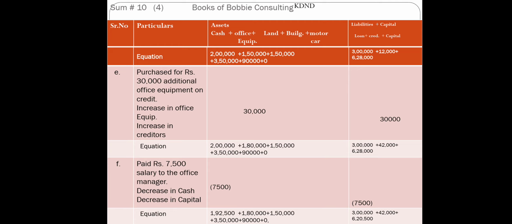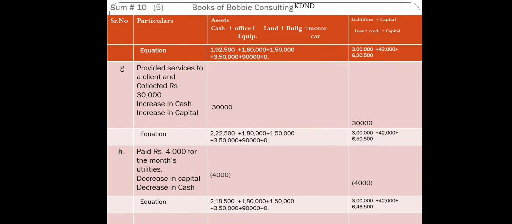Paid 7,500 salary to the office manager. So in this particular case, there will be decrease of cash, and at the same time there will be decrease of capital, because salary is an expense, so that will decrease by 7,500. Provided services to client and collected 30,000.